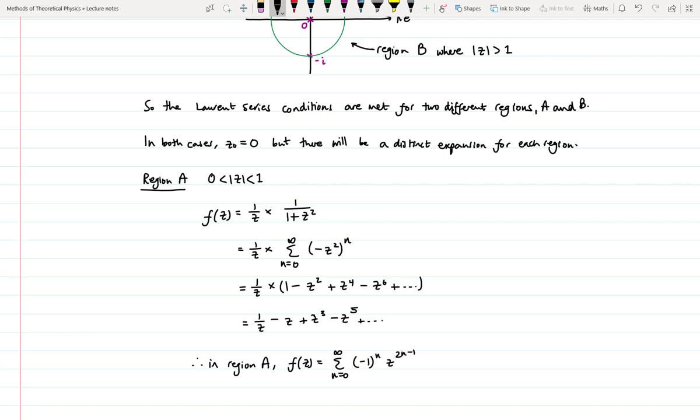You can check for yourself that these expressions are equivalent. We can also write this in terms of the coefficients a_n. We have that a_(2n minus 1) equals minus 1 to the n for all n greater than or equal to 0, and all other coefficients are 0. Okay, so that's our Laurent expansion for our function in the first annular region.